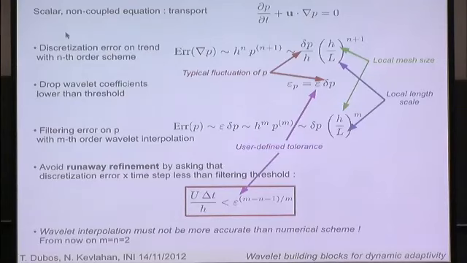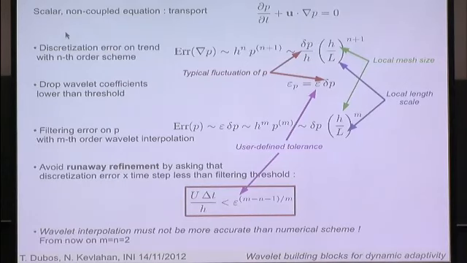And what this tells us is that m should not be too large, so I should not take a fourth order interpolation if my numerical scheme is only second order accurate. Because then my error indicator will not be a good estimate of the local truncation error of my scheme.